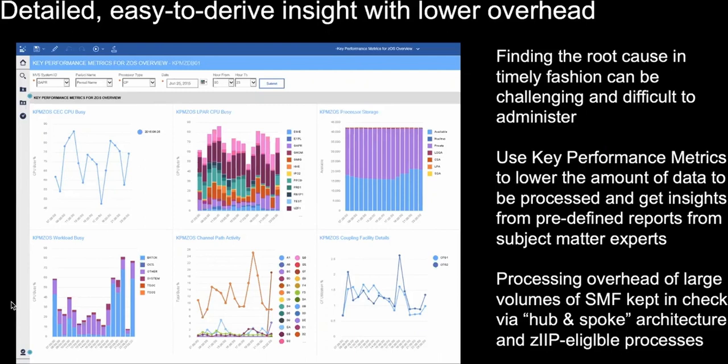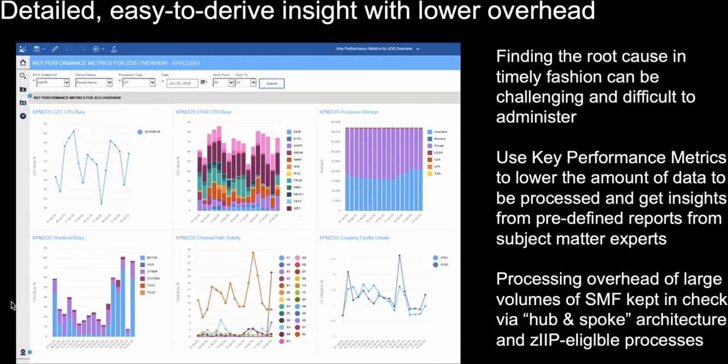Maybe that's just looking at how the CPU is doing on a CEC or on particular LPARs, how much storage is being used, and those things. These will give you key pointers in terms of where the potential issue might be. You can scale across the different systems and then understand where to drill down there.